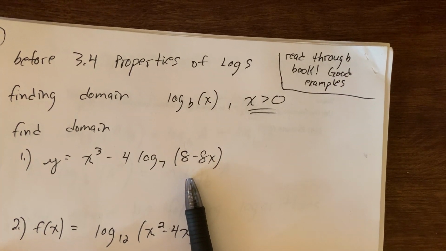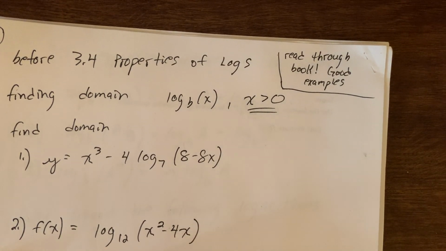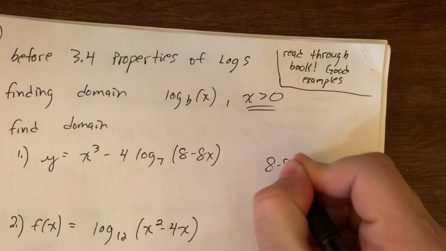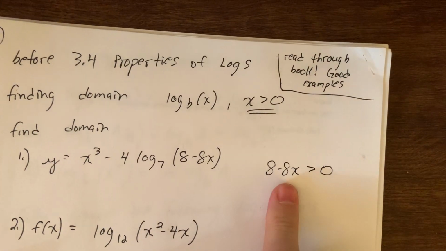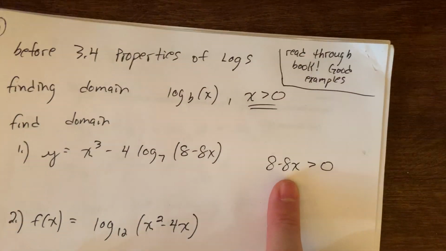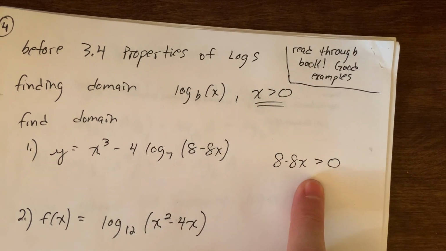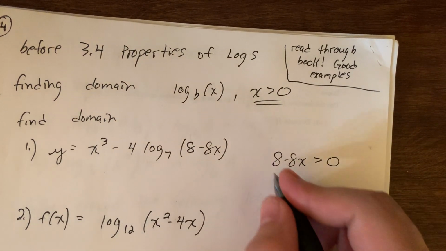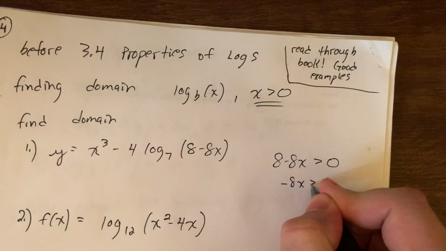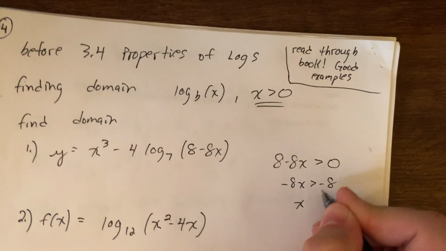With the square root, we would look at what's underneath the square root and set it greater than or equal to 0. Well, in a log, we will take what's under the log and just make it greater than 0. No equals, just a plain greater than. And now we'll solve this inequality. This happens to be a simple one. I'll subtract 8 from both sides and then divide by negative 8.